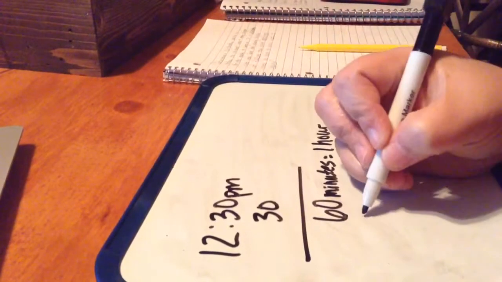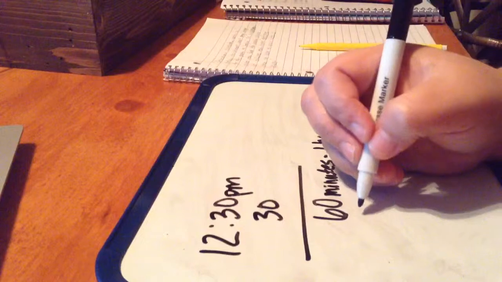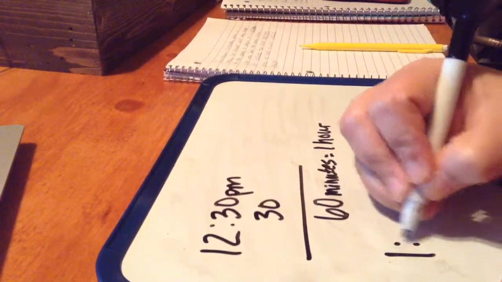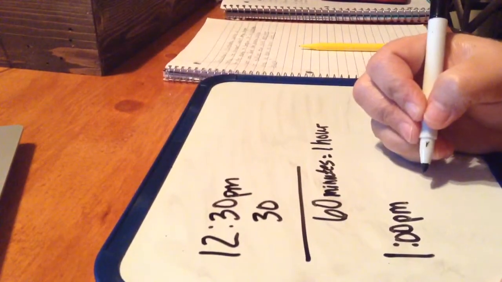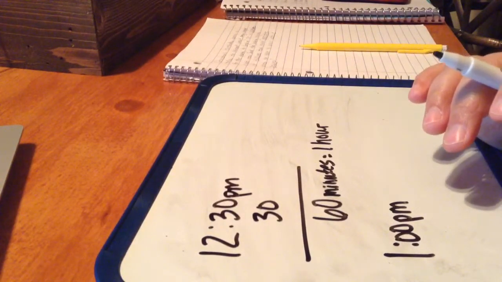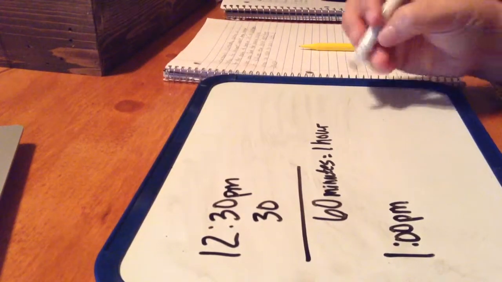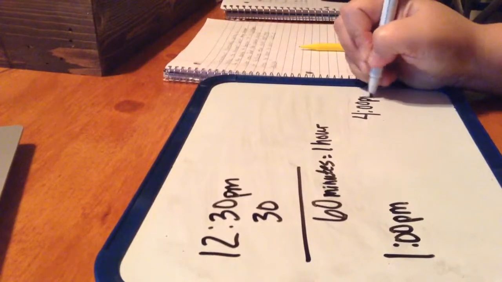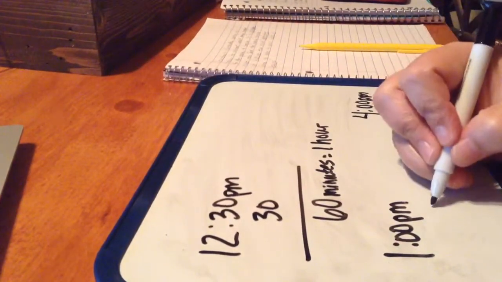So with this, we're going to change this 12. It's going to go up because we're adding this to the 12, which will make it 1 p.m. So it's like we're regrouping, just like what we do traditionally with our addition or subtraction. We regroup the numbers. Okay, so this is 1 o'clock. Now, our ending time is 4 p.m. So how many hours does it take for us to get from 1 to 4? Well, let's write this.